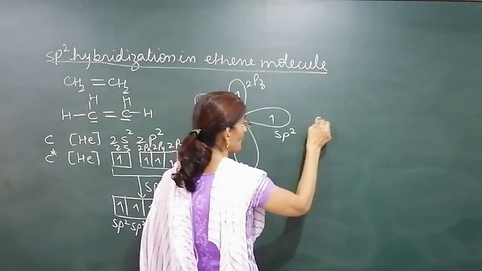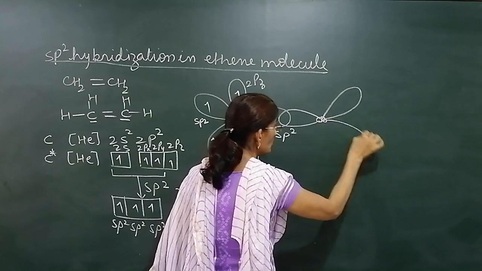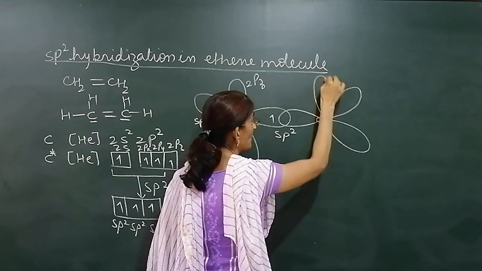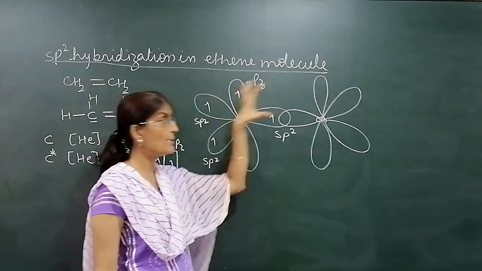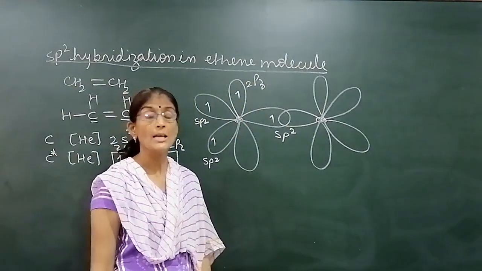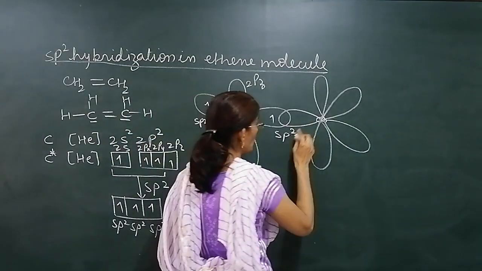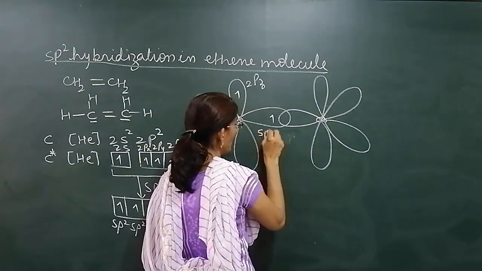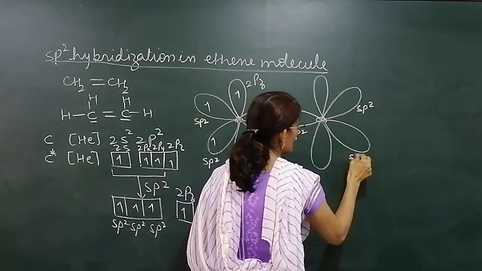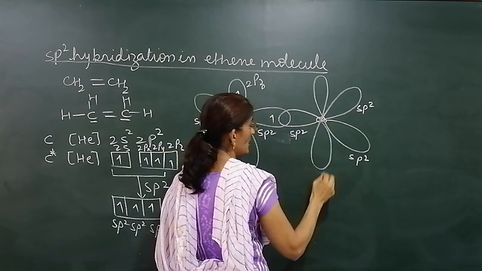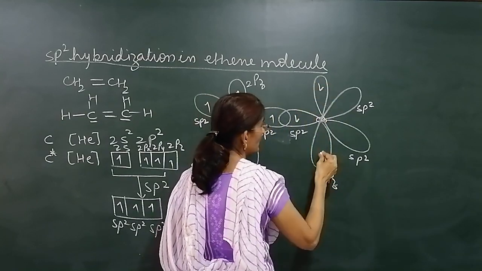See this way. This is hybrid orbital sp2, this is second sp2, third sp2 and pz orbital lies perpendicular to the plane. This is of first carbon, this is of second carbon. Each carbon undergoes sp2 hybridization. They have also unpaired electron with opposite spin like this.